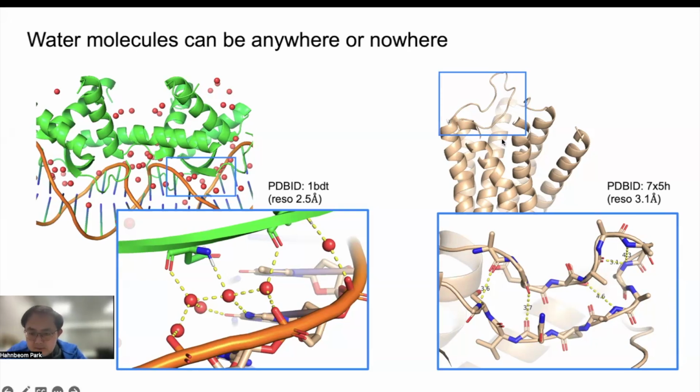So if you look carefully here, this is the extracellular region of a GPCR. So there should be some water molecules surrounding there. And then if you measure the distance between oxygens, they are very close to each other, which means that there could be electrostatic repulsion unless some other favorable thing happens there.